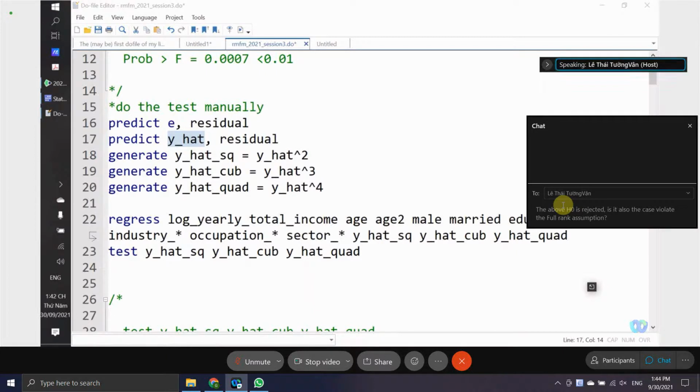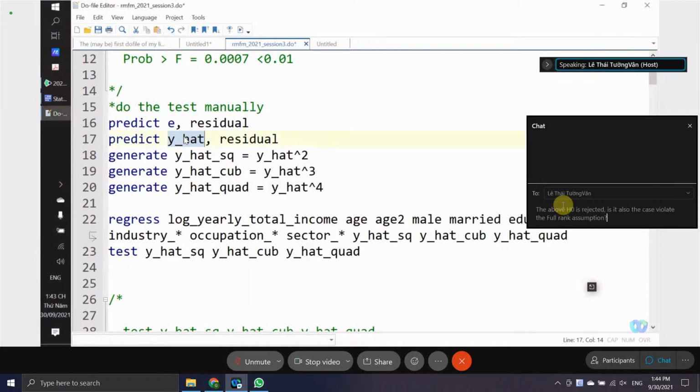So what do I get if I run the command predict yhat, comma, residual? I think you're going to get the error term. The error term, right? So it doesn't matter what name you put here.